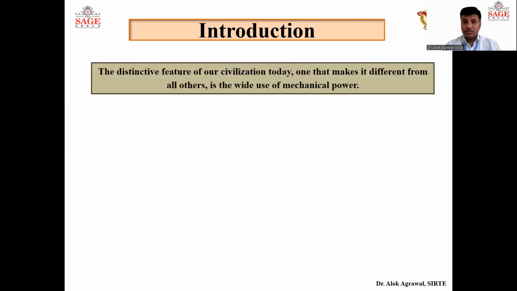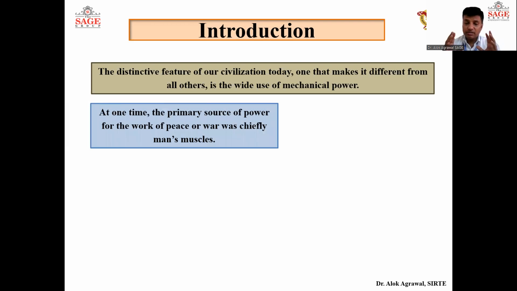The distinctive feature of our civilization today is that we are able to use mechanical power, which makes us different from all other civilizations. At a very early time, the primary source of power was only our manpower.